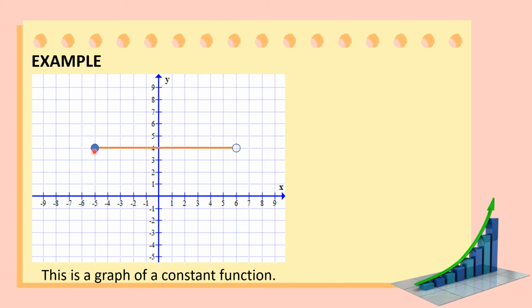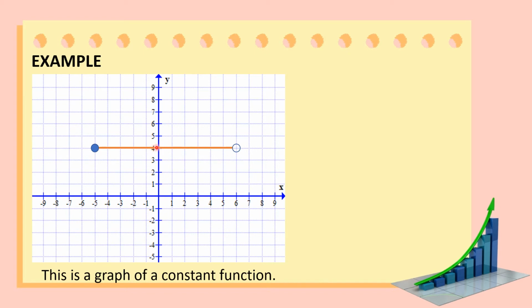For a solid or closed circle, it is associated with a bracket. For an open circle, it is associated with parentheses. And for negative or positive infinity, it is associated with parentheses.